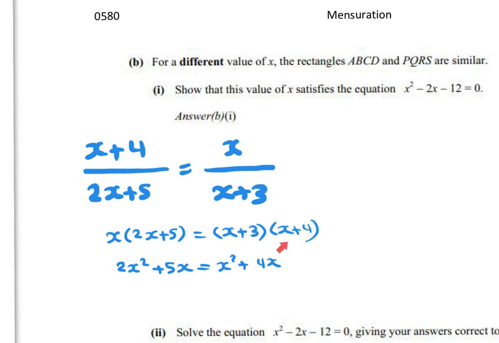Then 3 times x and 3 times 4, so 3x plus 12. Put all on one side: 2x squared minus x squared equals x squared. We have 4 plus 3, 7; 7 goes to the other side by negative, so 5 minus 7, negative 2, so negative 2x. And transpose 12 to the other side, so minus 12 equals 0.